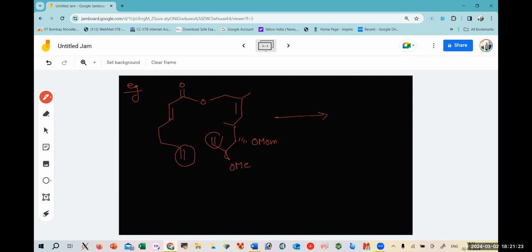And the product that we will end up having, it's a double bond. Here is OMe.